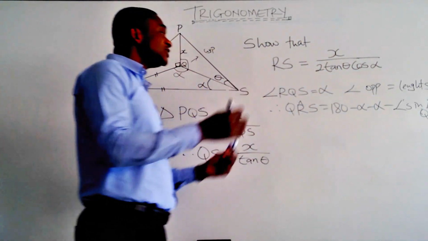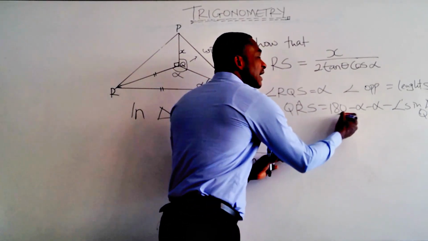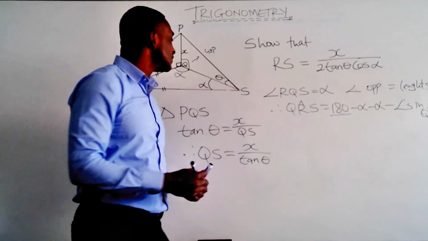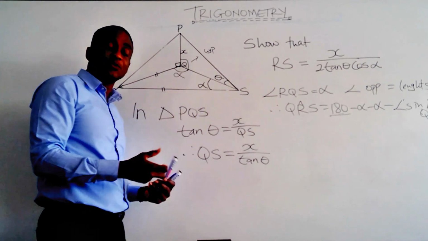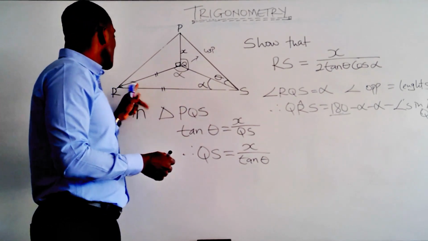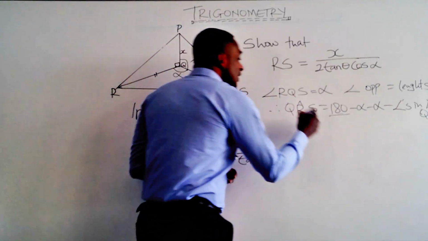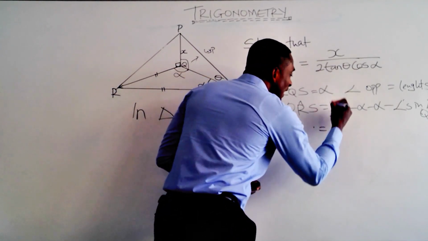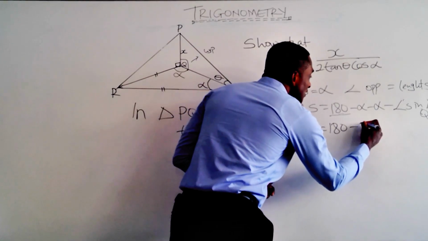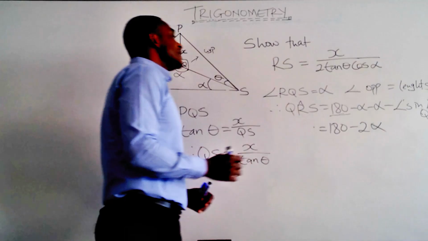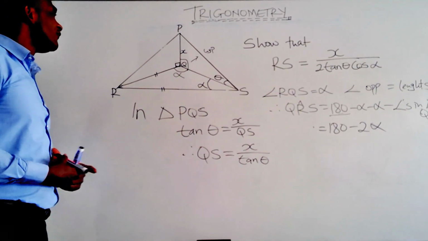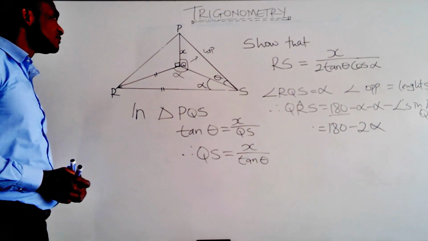Sum of angles in a triangle sums up to 180, and that is where we got this 180 from. So this plus this adds up to 180, and we can get this angle. So therefore our angle here will be 180 minus 2 alpha.